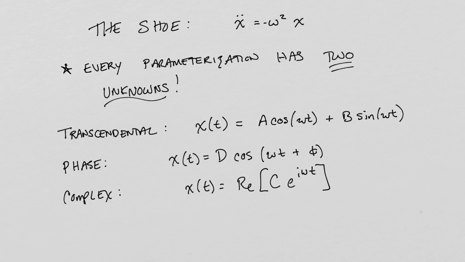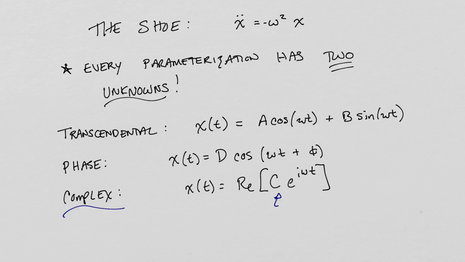What you probably hadn't seen before is the complex parameterization, where my unknowns are really hidden inside this complex coefficient c. Even though I'm going to be taking the real part of this function at the end of the day, the thing that's oscillating, the complex exponential, is a complex object, so both the real and imaginary parts of this coefficient c are going to play a role in the dynamics of the SHO.